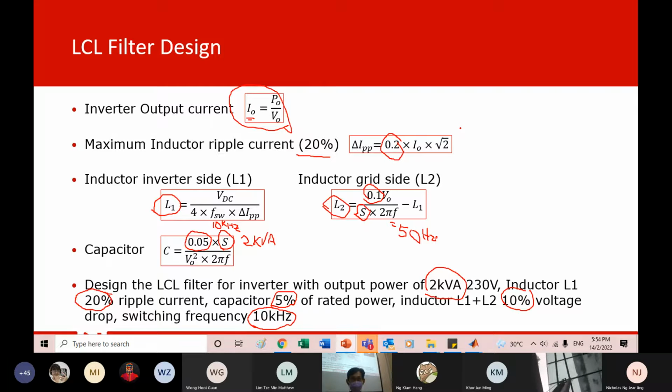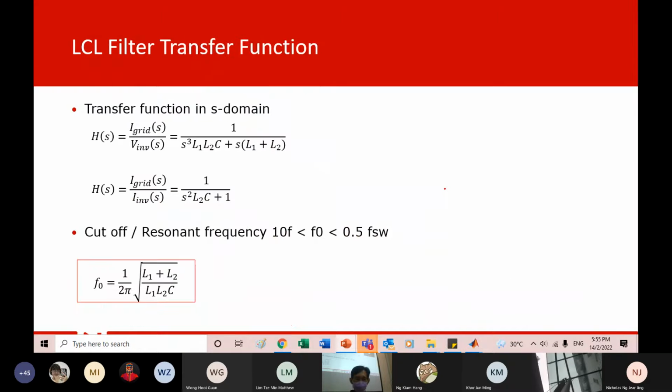Up to this point, any questions? Okay, no questions until you try. Similarly, you can derive the transfer function of the LCL filter using the s domain. This is what you get after simplifying, and you will get this as the transfer function.